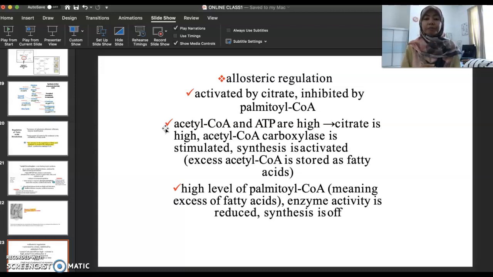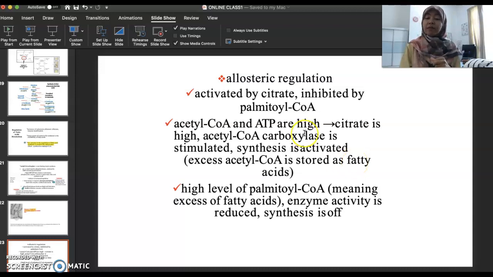So this citrate is actually can be inhibited by palmitoyl-CoA. Okay, and the acetyl-CoA and ATP are high. The citrate is high. Acetyl-CoA carboxylase is stimulated. Synthesis is activated. So kamu ada banyak acetyl-CoA here yang akan disimpan sebagai fatty acid.